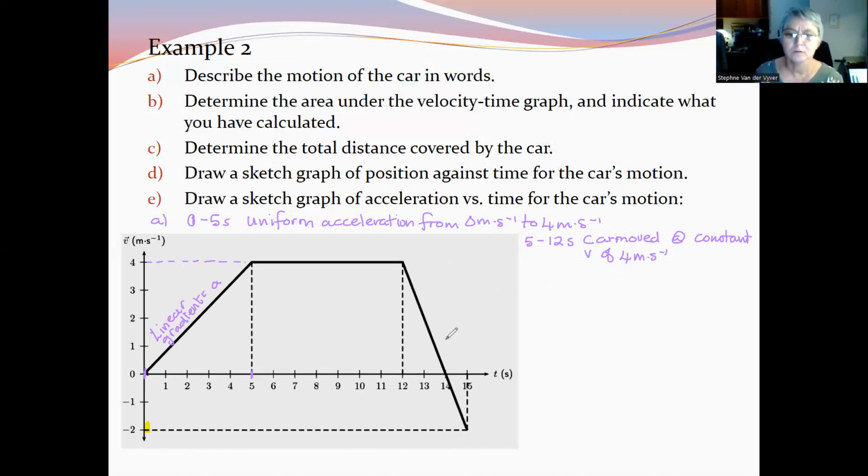Then from 12 to 14 seconds, the car decelerated from 4 to 0 meters per second. And because that is a straight line, I know that it is uniform deceleration.